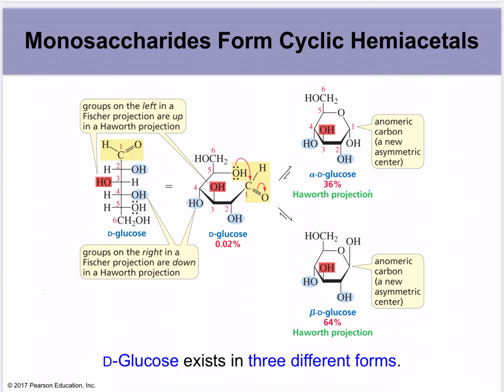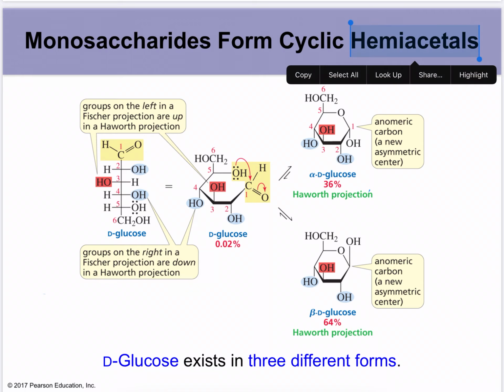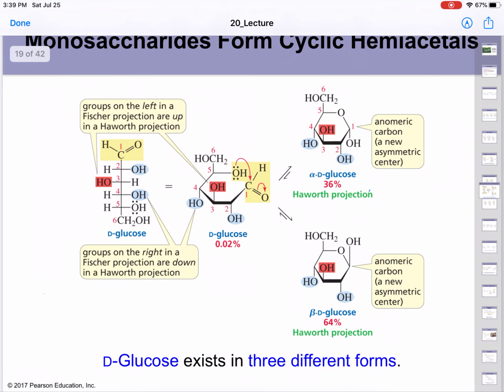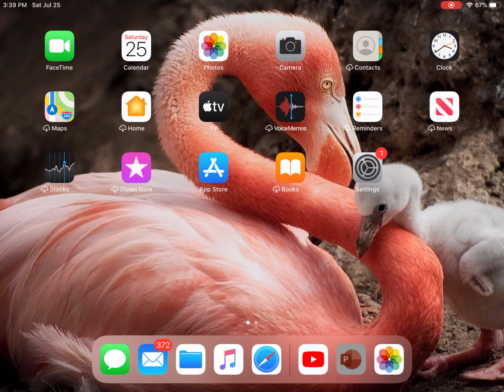You can bend the molecule, and according to the numbers, 1, 2, 3, 4, 5, 6, number 1 is your carbonyl carbon, and we are going to make a 6-membered ring. The 6-membered ring is going to form between the number 1 carbon and the OH group on the number 5 carbon. I'm going to go back to my PowerPoint slides.